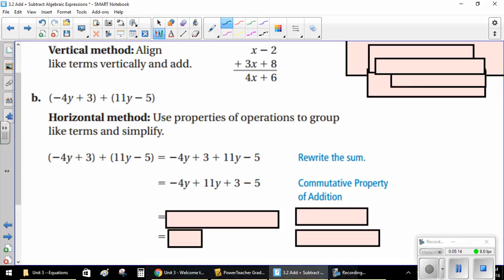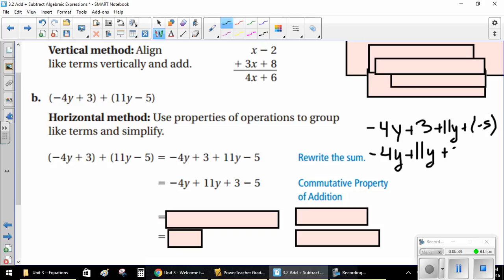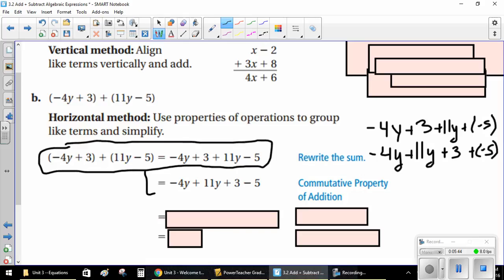So it would look like this: negative 4y plus 3 plus 11y plus negative 5. And so when you rewrite it, you would get negative 4y plus 11y plus 3 plus negative 5. Okay, so you can continue that way. So instead of doing this row up here and this row here, you can do what I just showed you here. It's the same exact thing.